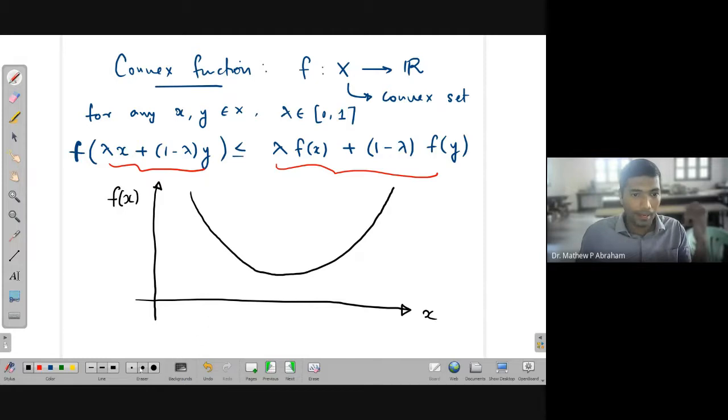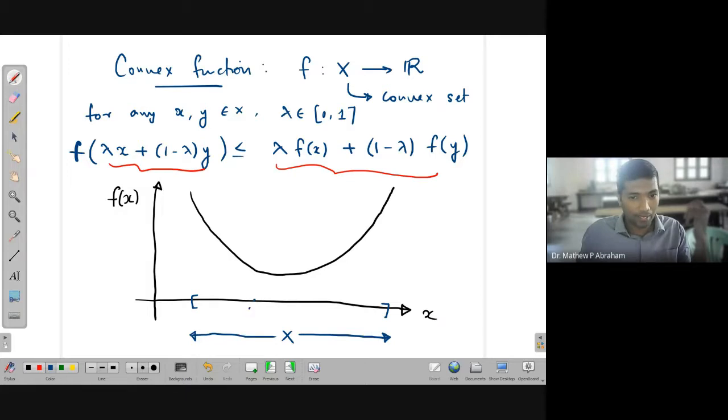And let's consider any 2 points, and let's consider the convex set. So for example, this is the set X, and is this set convex? This set is convex. The reason is, if you take any 2 points in the set and draw a line between these 2 points, all those points are within the set.